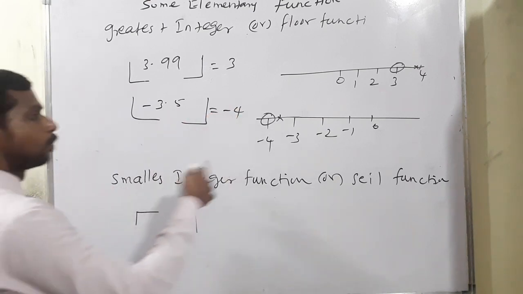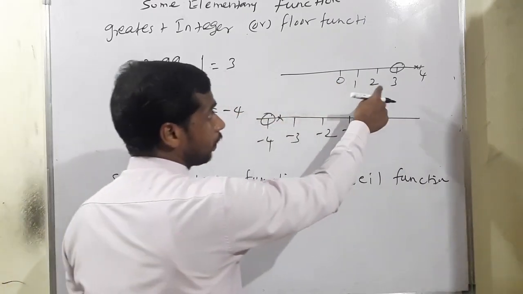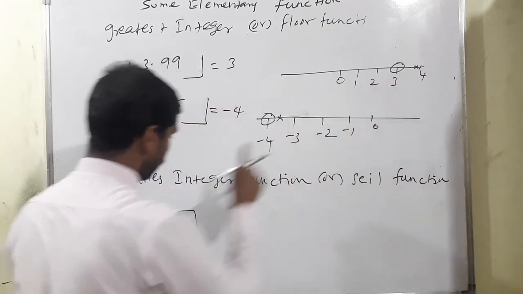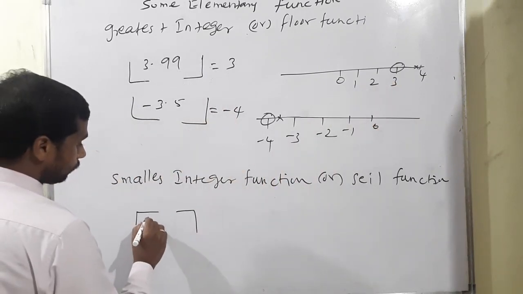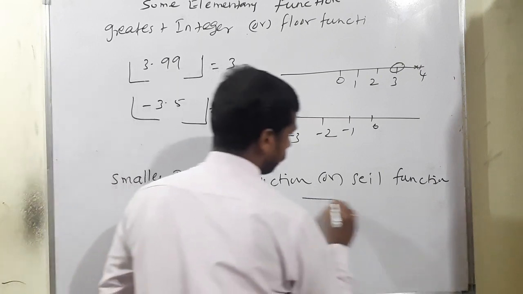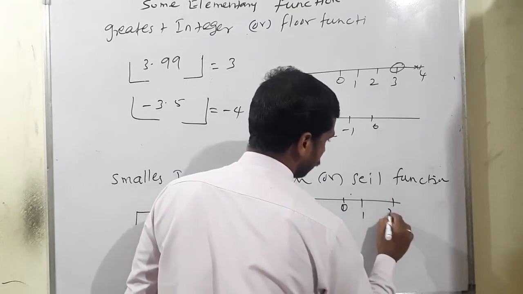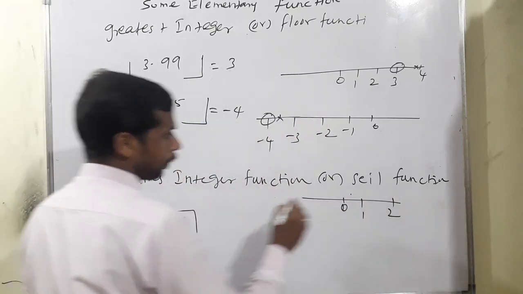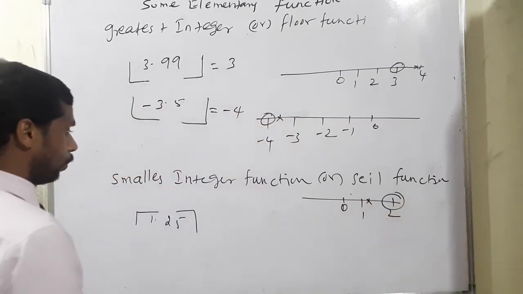What is the meaning of the smallest integer function? For the greatest integer we consider the left side of the value, but for the smallest integer we consider the right side of the value. For example, 1.25 on a number line 0, 1, 2. The whole number on the right side of 1.25 is 2.